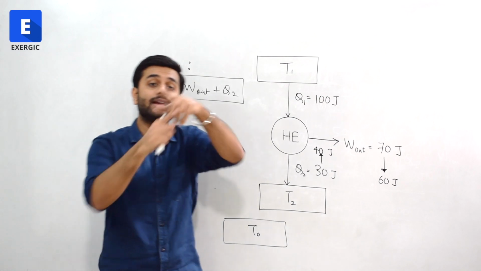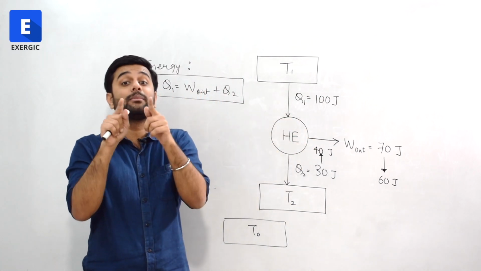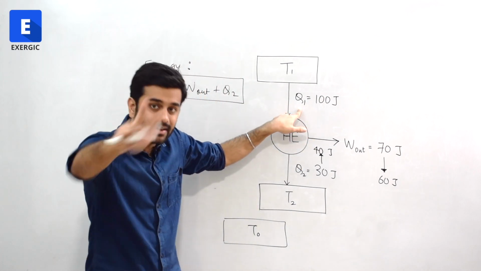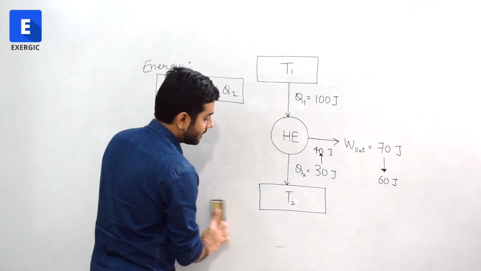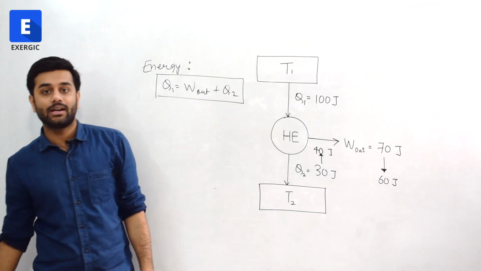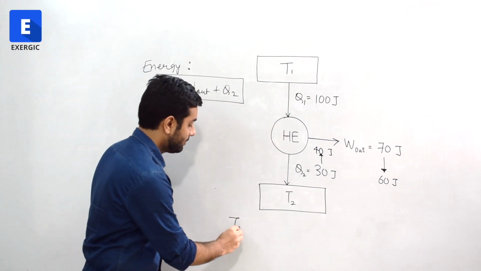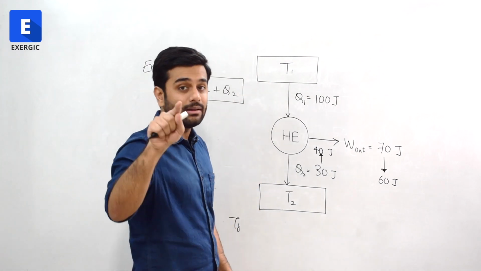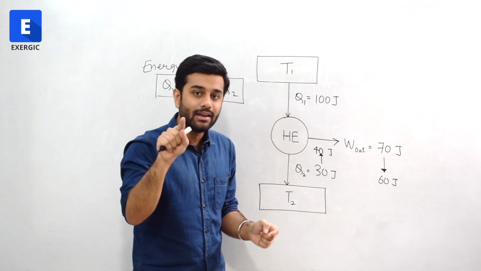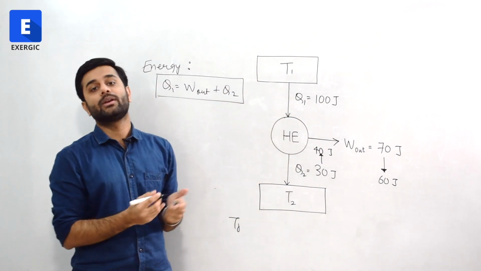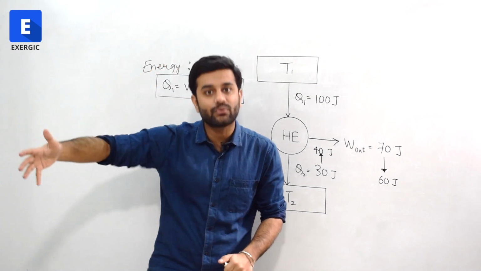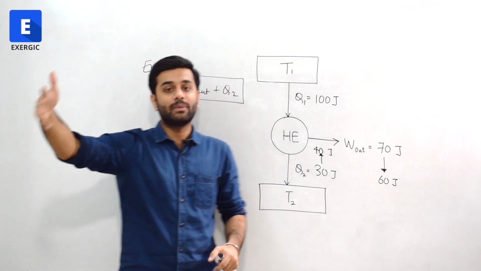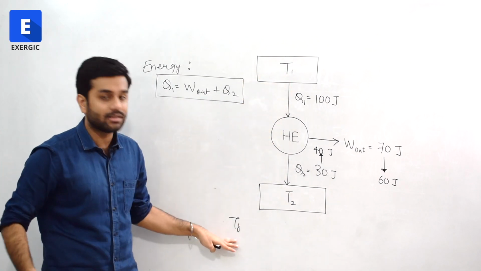That reversible heat engine's work output will be the available energy of this heat, even if in the actual situation heat transfer is not happening between T1 and T0, but between T1 and T2. Available energy is not decided by the actual heat transfer happening. It is decided by the maximum possible heat transfer that can occur between the given temperature and the minimum temperature.